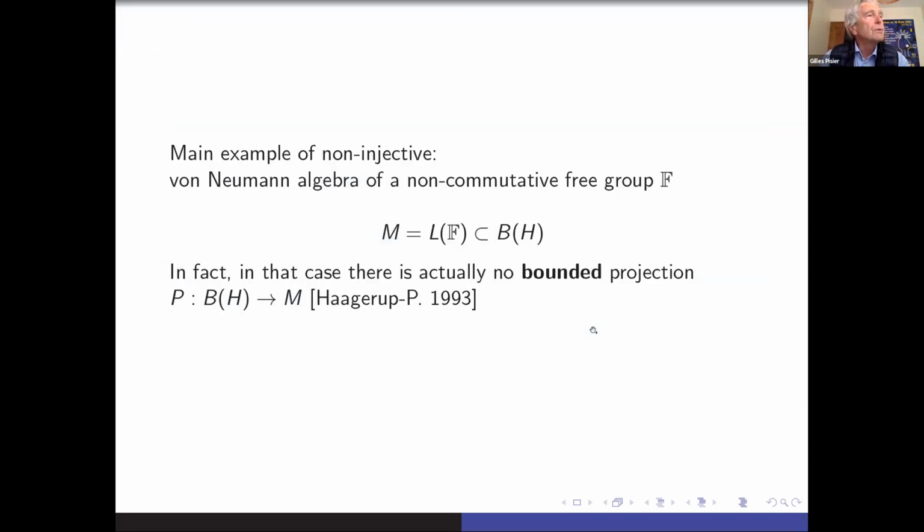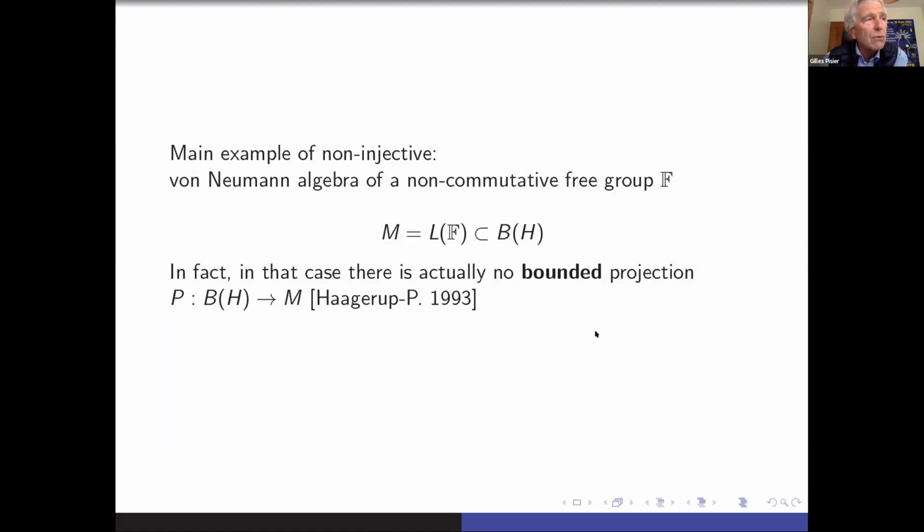Okay. So the main example of non-injective, this is the end of the review, is the free group factor. The von Neumann algebra of any free group of rank more than 1 is well known to be non-injective.